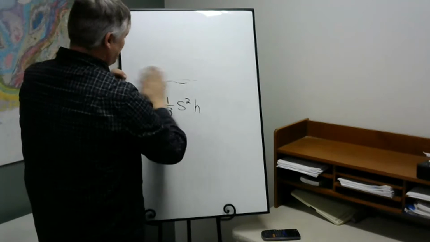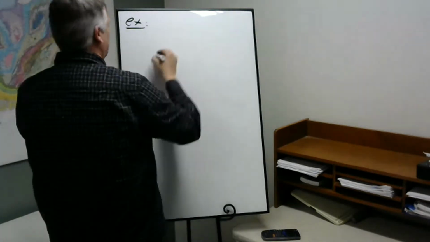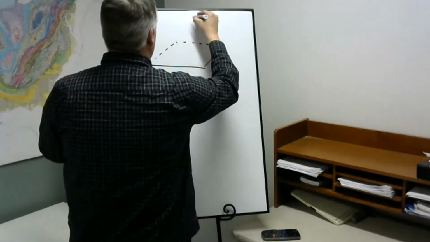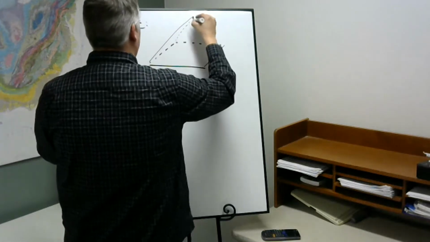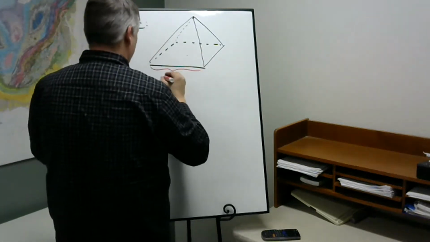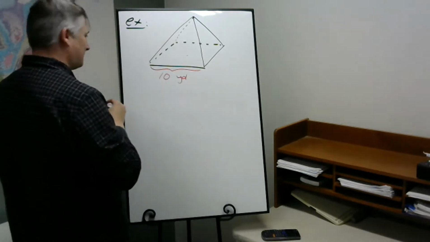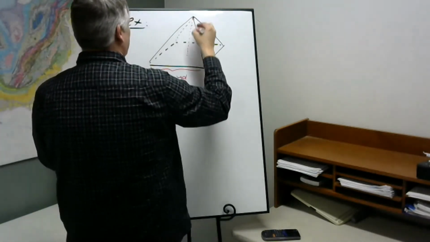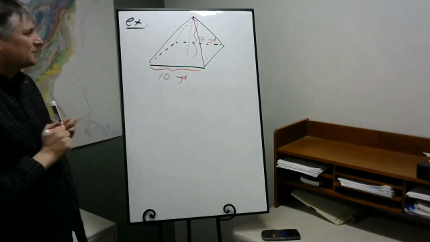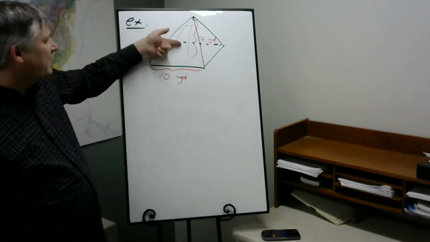Let me do an example of this. So let's say we have this regular pyramid where the base is 10 yards on each side and has a height of 7 yards.